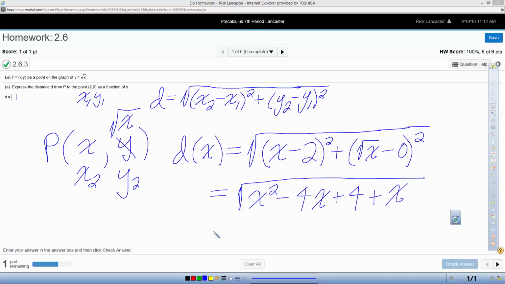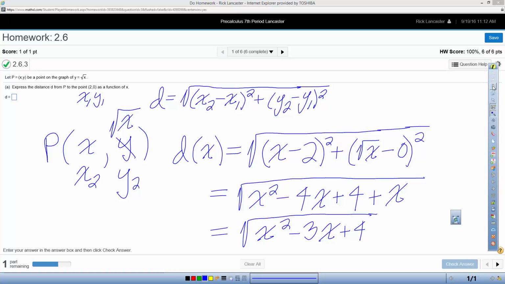And I can collect like terms, so I'm going to get x squared minus 3x plus 4. Now, we can't take anything out from under the square root because there's addition and subtraction going on in here, and this is not a binomial squared, so we can't do any further simplification.